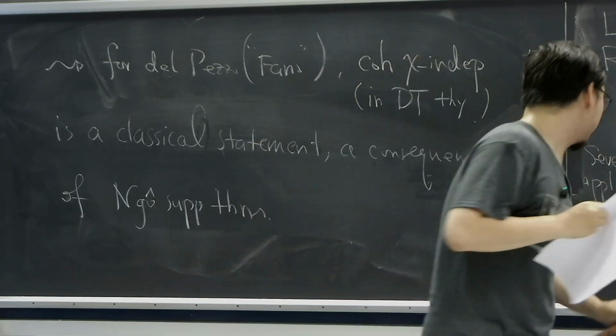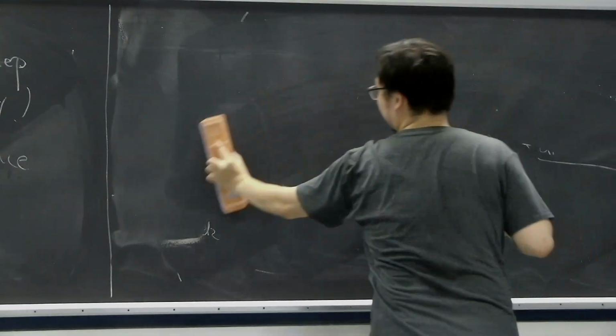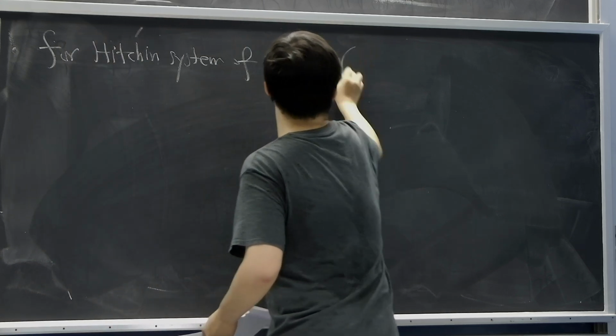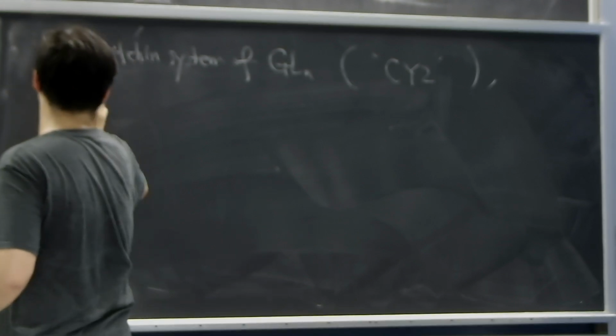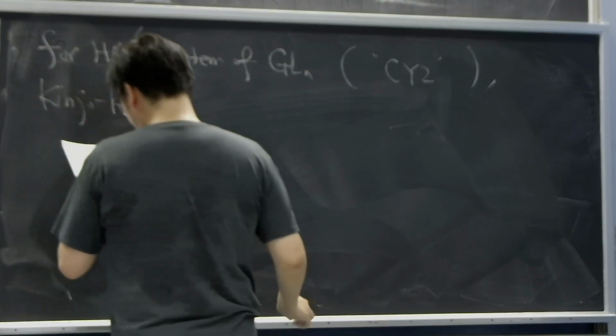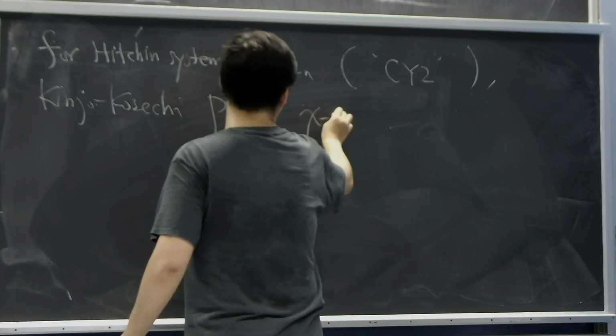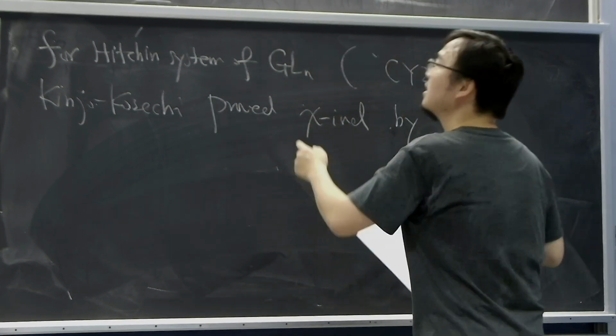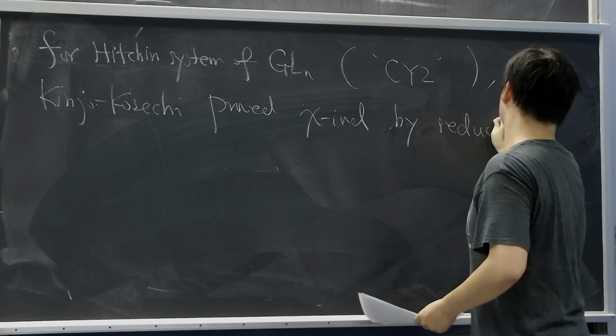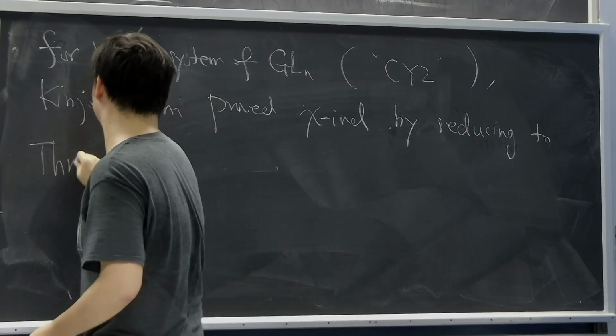And then the last remark is that for Hitchin systems of GLn, so this is sort of the Calabi-Yau 2 situation, Kinjo and Koseki proved the kappa dependence by using a vanishing cycle argument, reducing essentially to theorem A prime, the full support theorem.